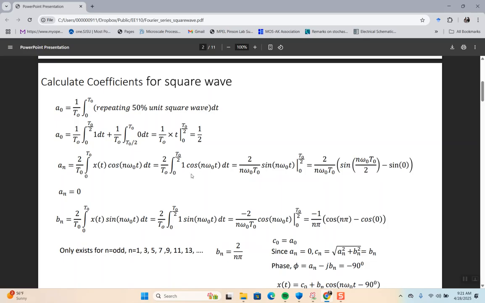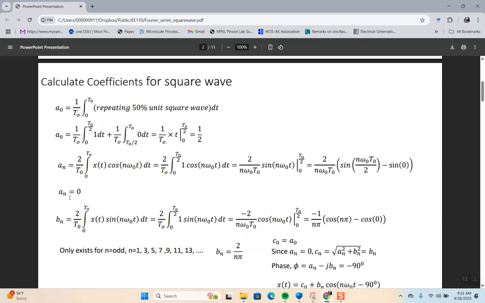So we go through. For half the period, the function is 1, right? And in the other half, it's 0, so you can ignore the other half. So 1 times cosine, we take the integration, and we get that no matter what n is, a_n is 0, right?